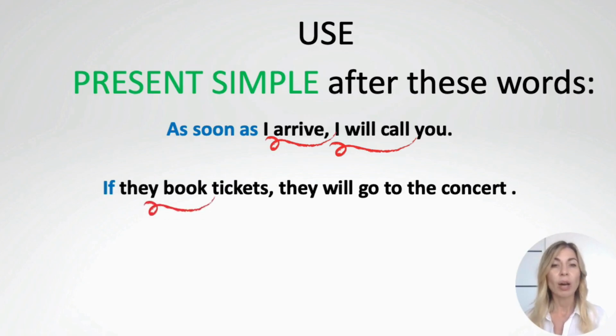If they book, I'm using here the present simple because I can see if at the very beginning. But the second part of the sentence is in the future. They will go to the concert. So we use present simple right after these words that I gave you a list of before.